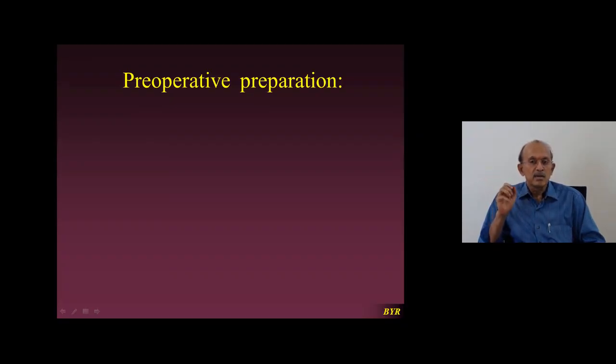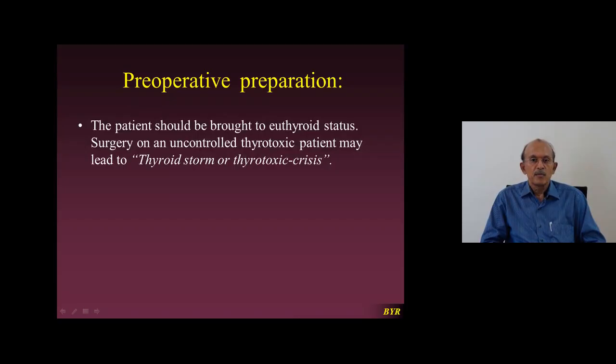Not only thyroidectomy, even tooth extraction should not be done. There are many instances where patients have died in the dental chair with thyrotoxicosis. So you have to prepare the patient. The patient should be brought to euthyroid status. Surgery on an uncontrolled thyrotoxic patient may lead to thyrotoxic storm or crisis.